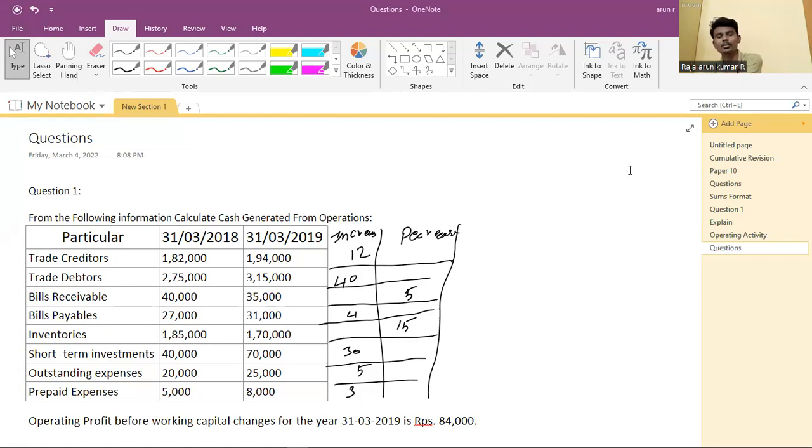I think you should pause the video and tell me what the current assets and current liabilities are. Please comment in the comment box. The reason I am telling you is that if you type it once, you will remember it, and the class will go in a smoother way.